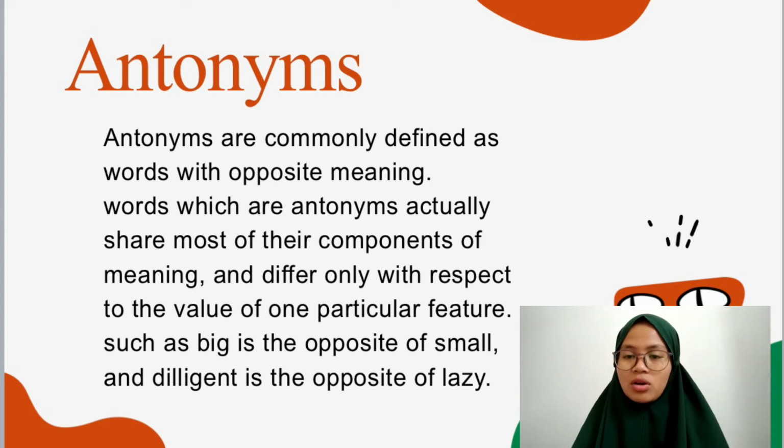It means that there are only two words, one word and its opposite, and there is no other option. While antonyms might have more than one word that is opposite to a certain word, like small might be opposite to the word big, and sometimes it can be opposite to the word long.